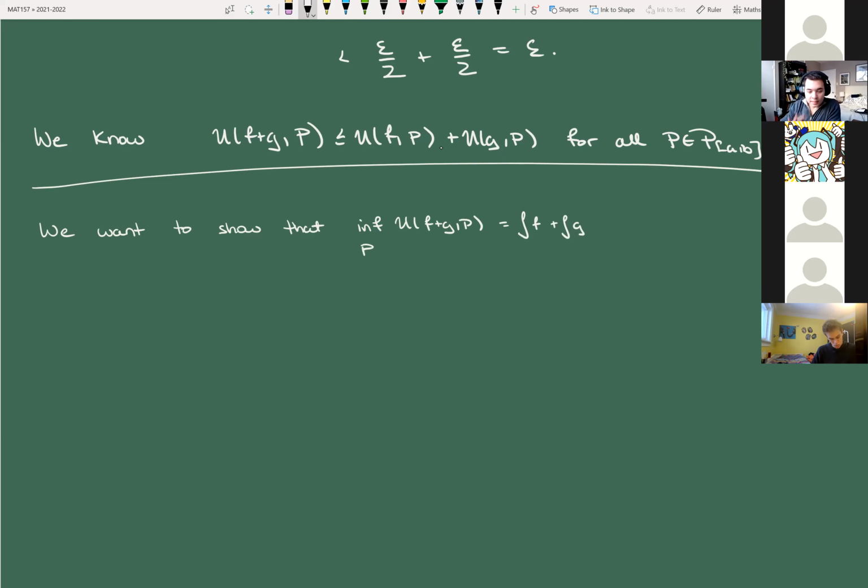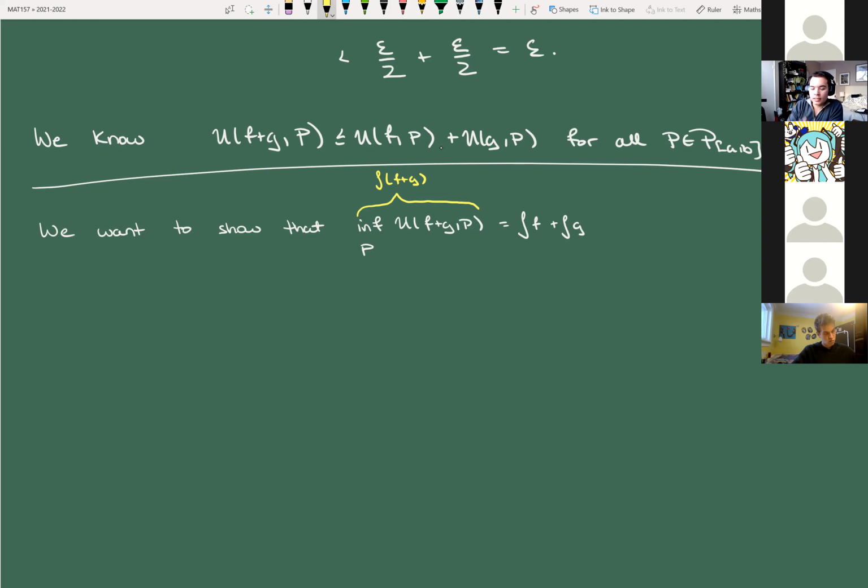And the reason for that is that thing on the left-hand side is the integral, right? Because we know that f plus g is integrable. So this thing, and I'm going to write it in a different color here because I don't want us to confuse it, this thing is the integral of f plus g, right? Because we know it's integrable, so that is the integral. And then this is the identity that I want to show.